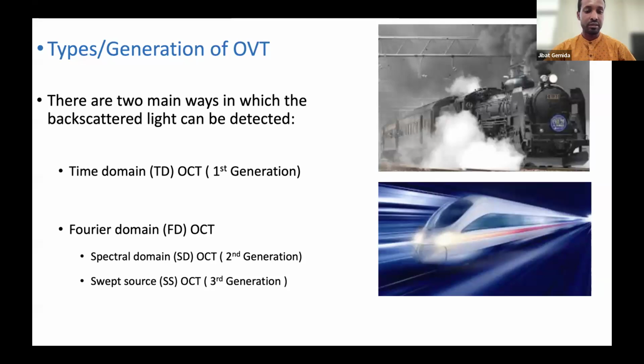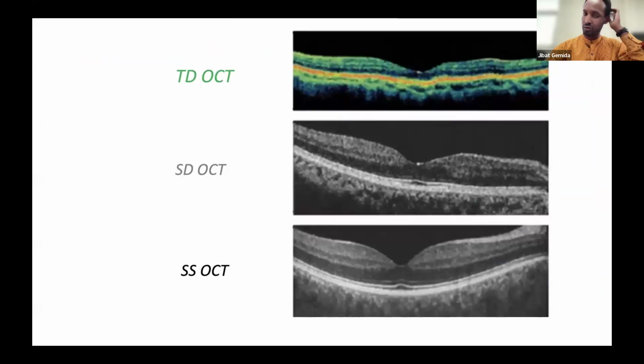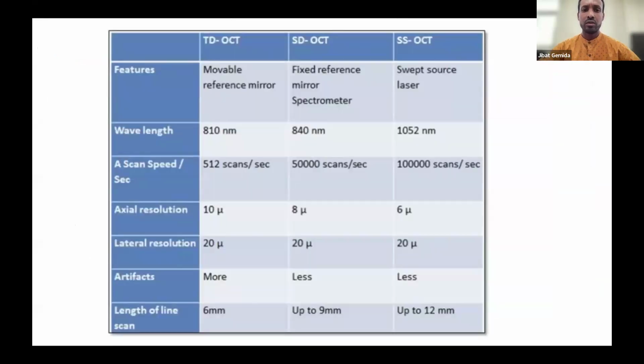The Fourier domain has two types of OCT: the spectral domain, which is the second generation, and the swept source OCT. In the initial time domain period, the image resolution was not very good, the speed of image acquisition was not fast, and there were issues with artifacts. Comparing time domain, spectral domain, and swept source OCT, the most important difference is image acquisition speed.